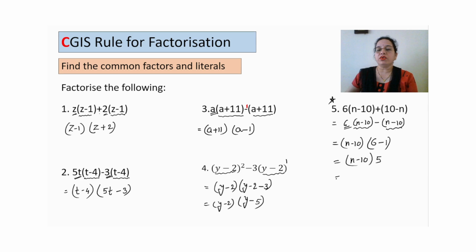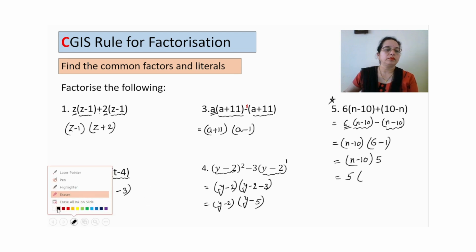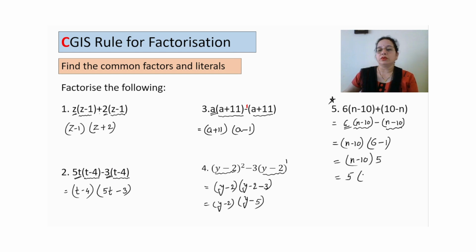And whenever we write, first we write the number and then the bracket. So 5 and n minus 10. So these are the factors.